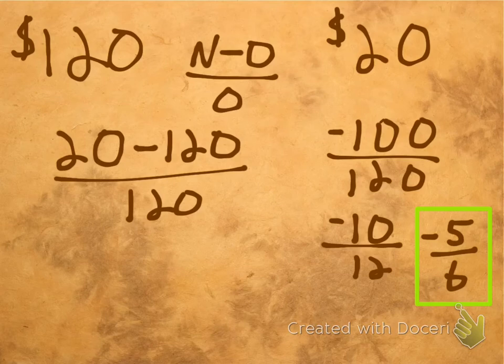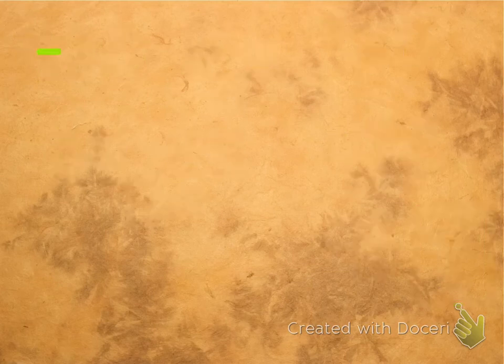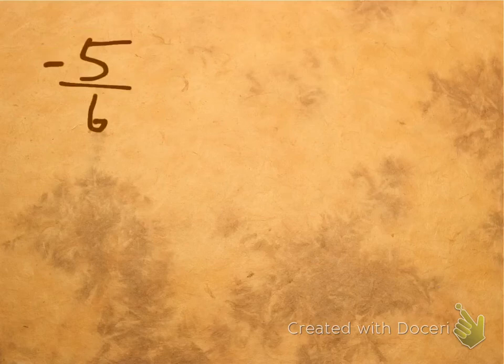Alright, my number went from bigger to smaller. Alright, so when we solve for our percentage, we're just going to leave it positive. Okay, we can say it's decreased by this percent. Alright, so we have negative 5 over 6. Well, like I said, we don't really care about the negative, so we got 5 over 6.